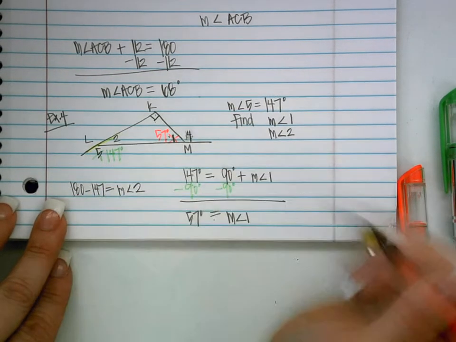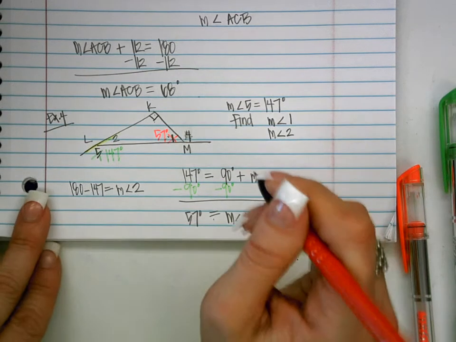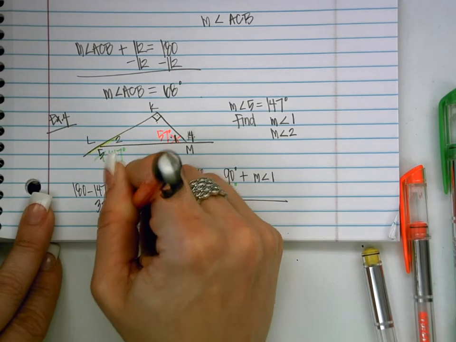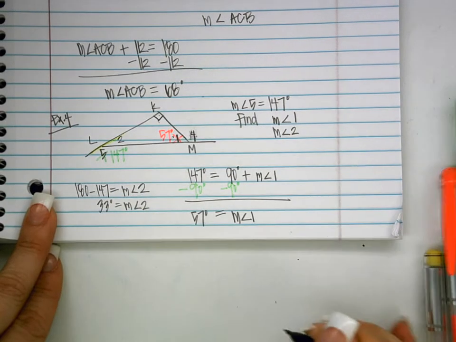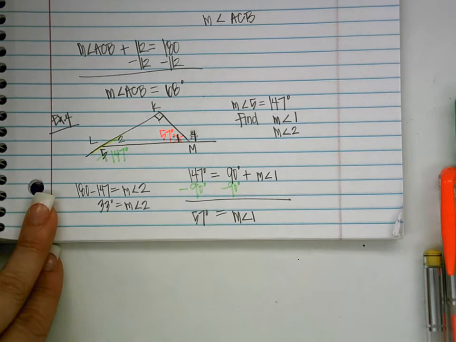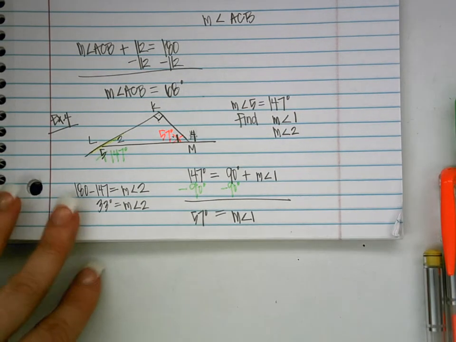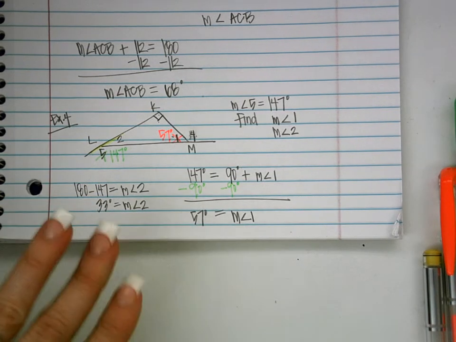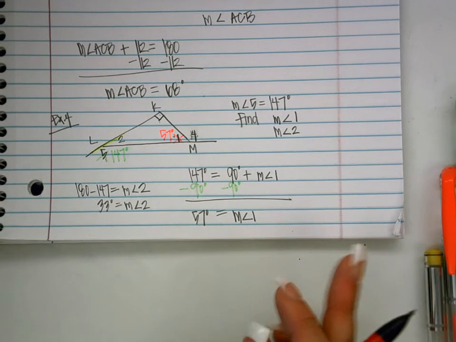That's how we would write it in math. So 33 degrees equals the measure of angle 2. Given just one part, you should be able to find most of the other parts of a triangle, just based on the different things that we know.